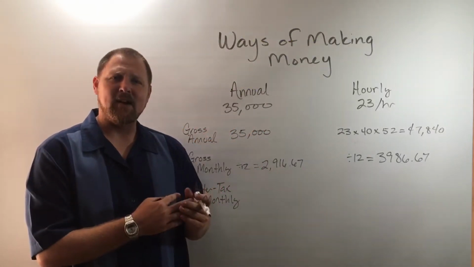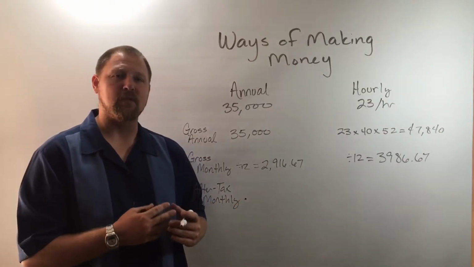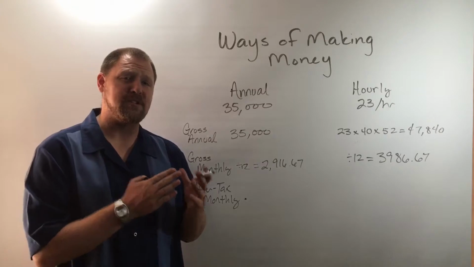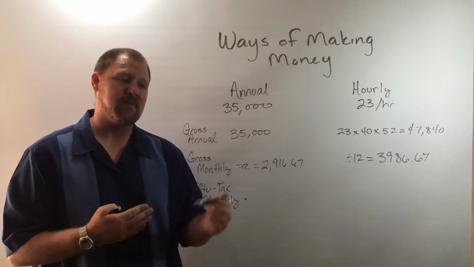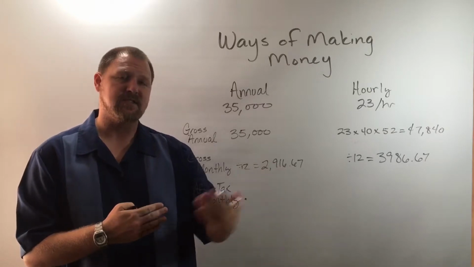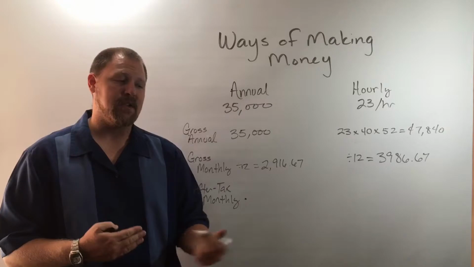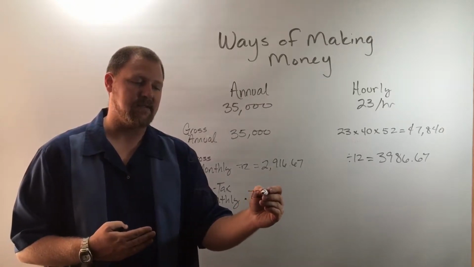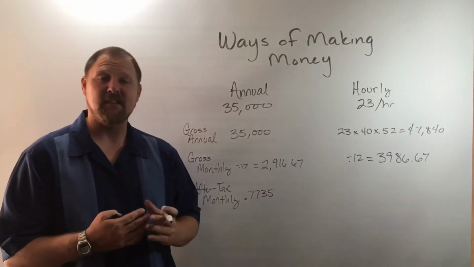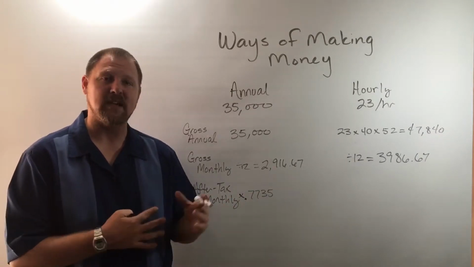So taking a look at the diagram we just showed, the sum of the total taxes is what we don't get to keep out of our check. Remember, 100% of our pay is $2,916.67, and then we have to deduct those taxes. So the amount that we keep in this case is 77.35%, or we multiply by its decimal form, 0.7735.